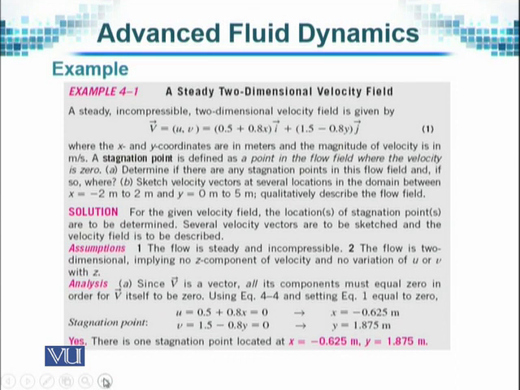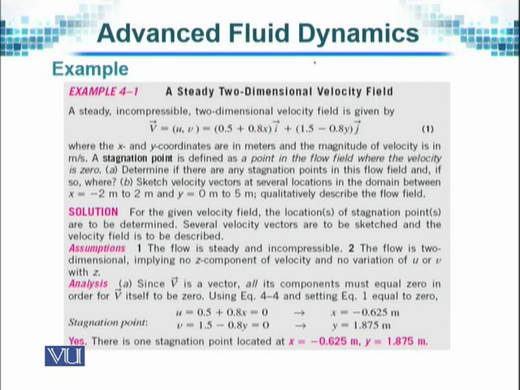Now we come to the solution. It is important that we first understand the flow field situation. For locating stagnation points, the definition says the velocity has to be zero at that point. That means the x component has to be zero and the y component has to be zero. Why?